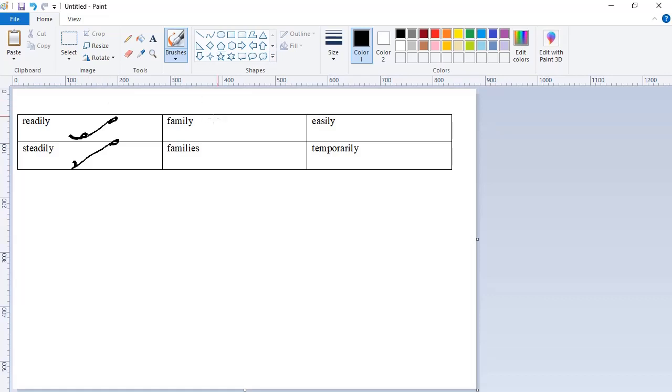Next, family. So, we have fam, and then yung ating li. Family. Families. We have fam, baliktad. Erase ko rin yun. Nag-erase na din naman ako. Okay? So, we have family. Next, families.